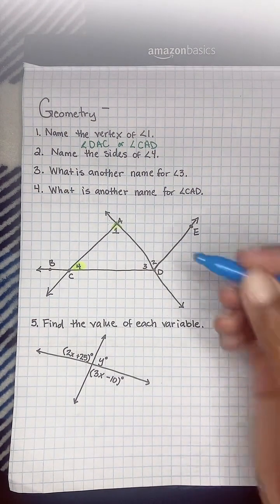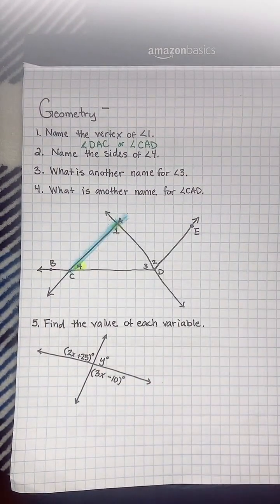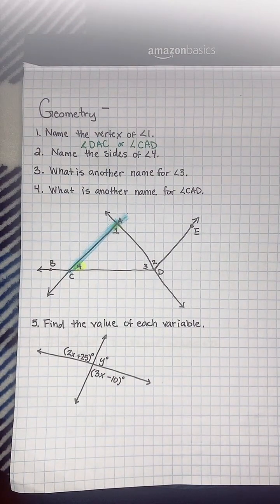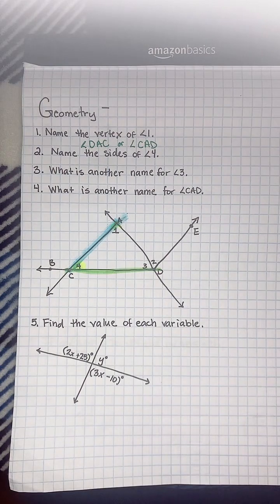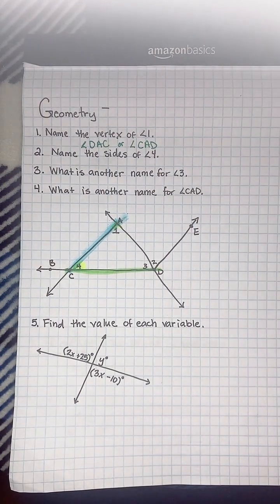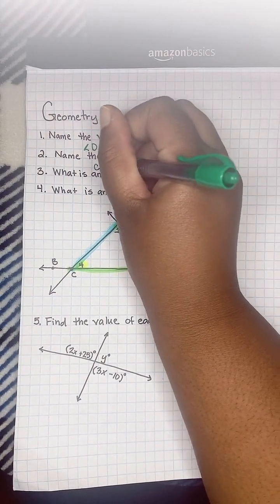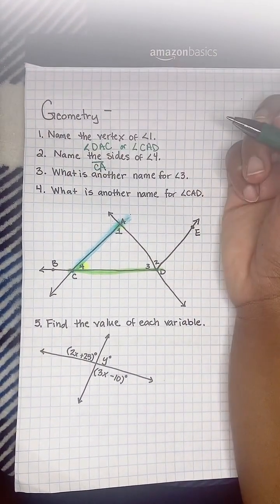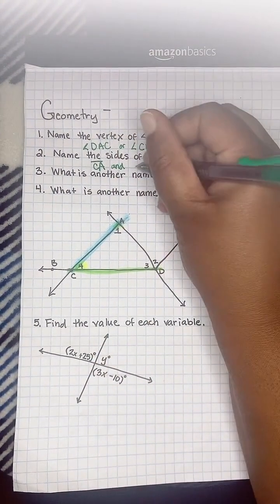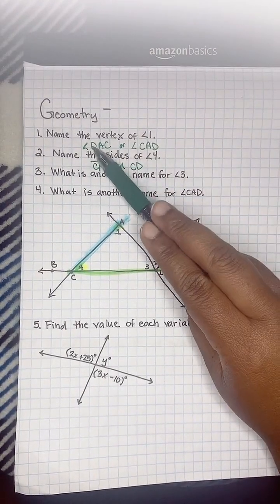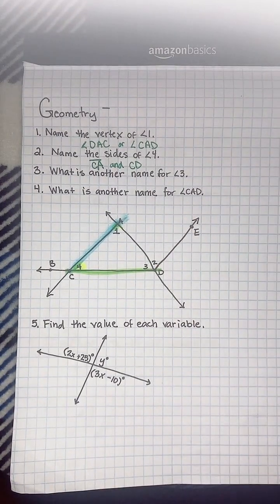When we think of the sides, we're looking at this side here, and we're also looking at this side here, CD. So the sides that make up angle 4 are going to be CA, and we could put a little line segment, and CD. So we need 3 letters when you're naming an angle, 2 letters when you're naming a side.